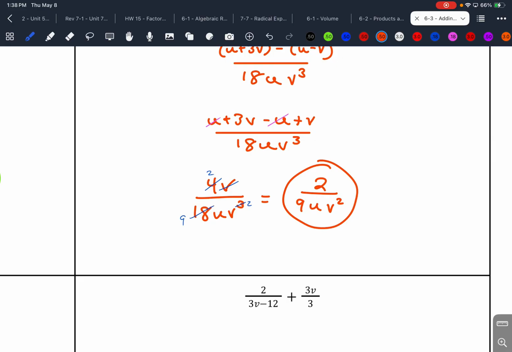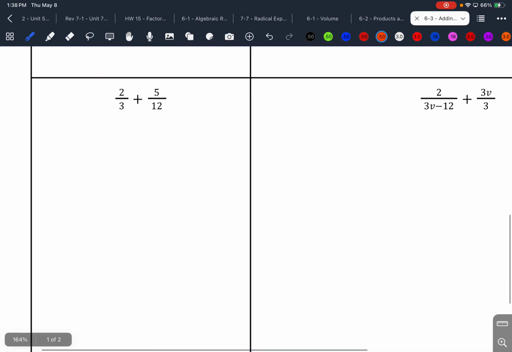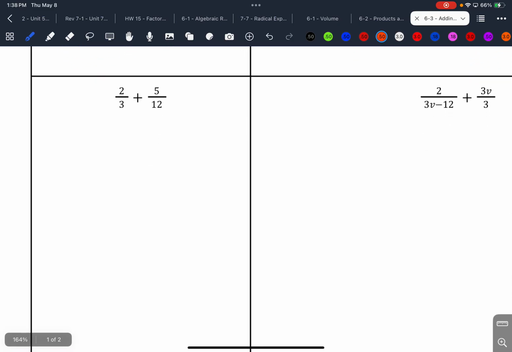Okay. So the next one we have is we're adding two fractions where we don't have a common denominator, but one is actually a multiple of the other. Okay? So what you want to do when you have fractions is always think about the prime factorization, or at least finding that 12 is 3 times 4. Just remembering that.